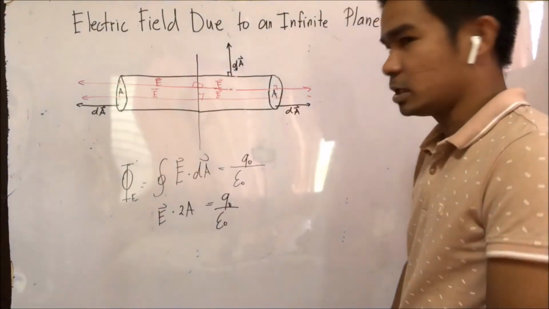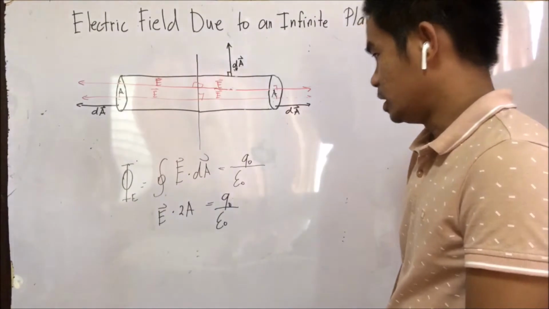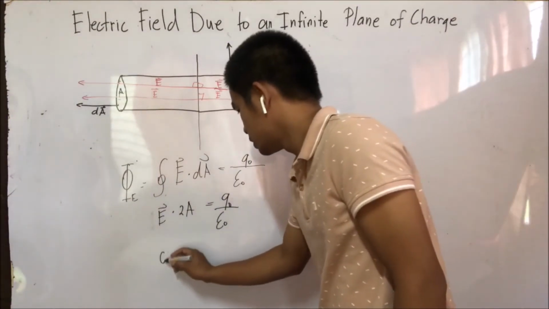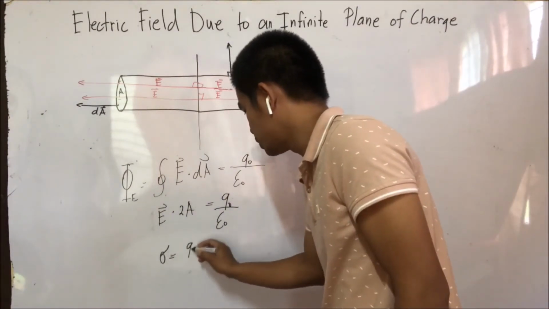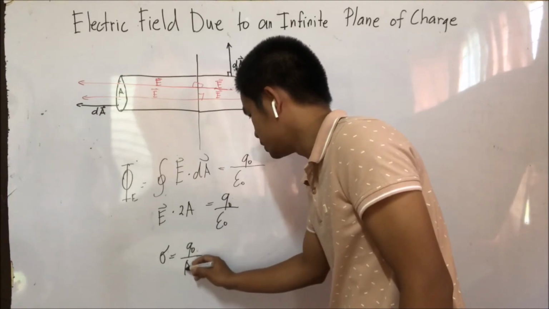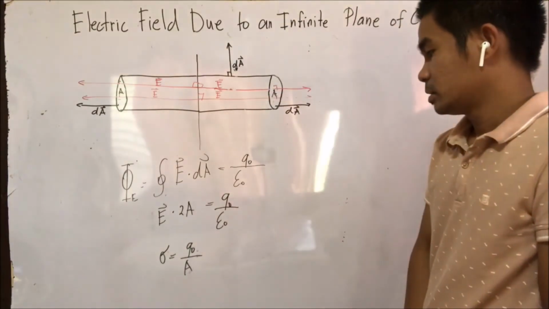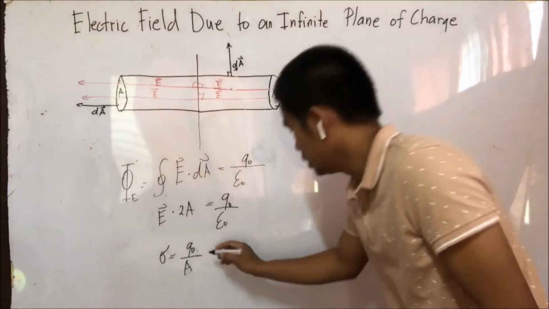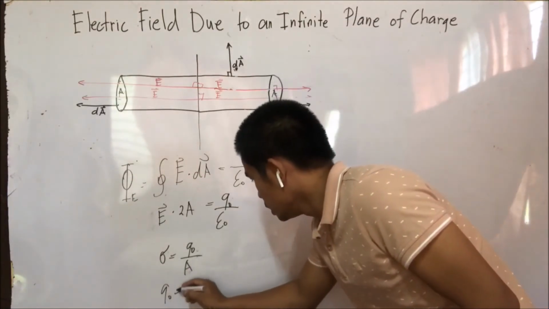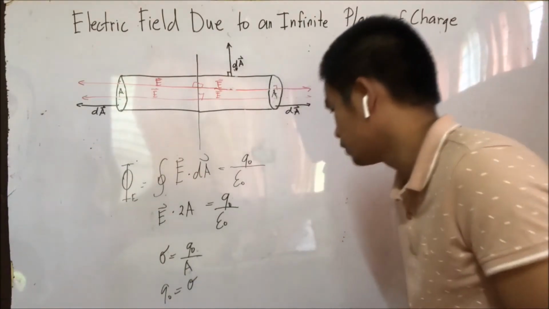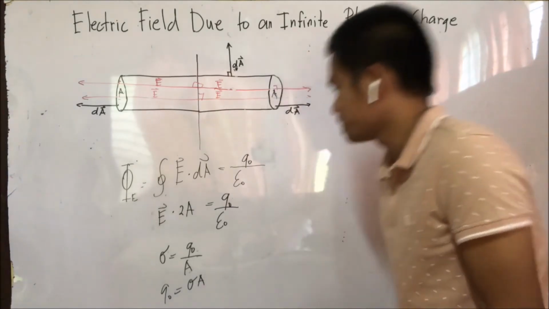And we know that the surface charge density is the charge per area. So the charge is the surface charge density times the area.